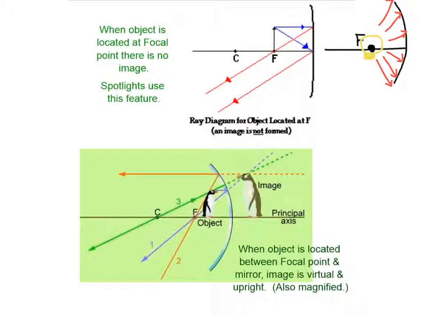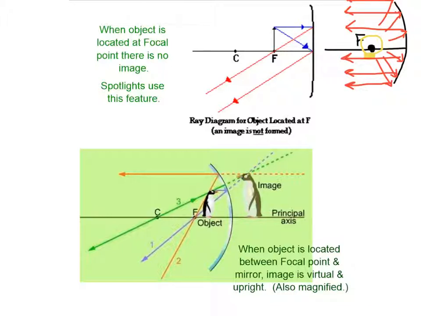Here we have a little drawing. It's supposed to look like a light bulb here right on the focal point, and it is sending out light toward that concave mirror. And remember that light traveling through the focal point will always be reflected off the concave mirror in rays that are parallel to the optical axis, and that is what's happening there, and you get beams. Car headlights, flashlights, spotlights, and other devices use concave mirrors like this to produce light beams that are nearly parallel rays.